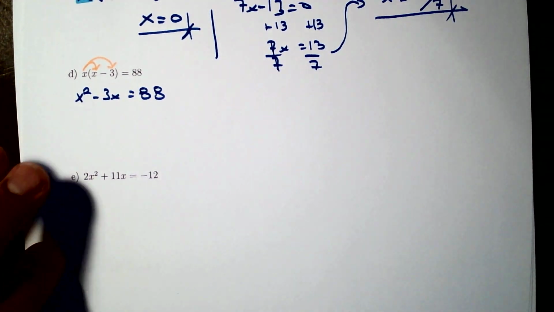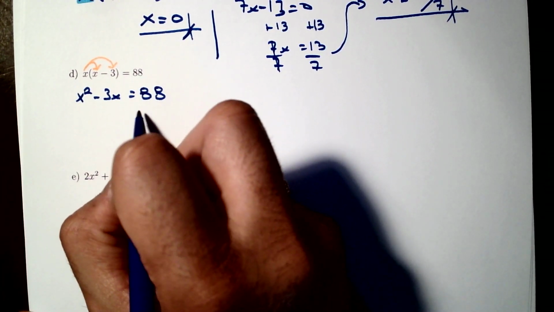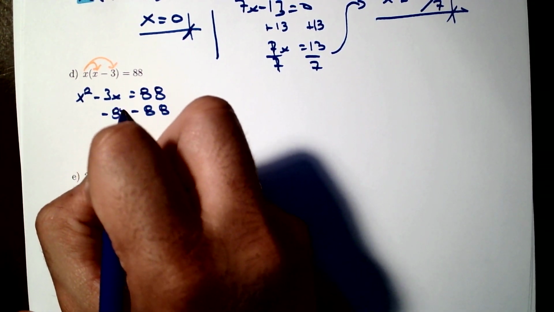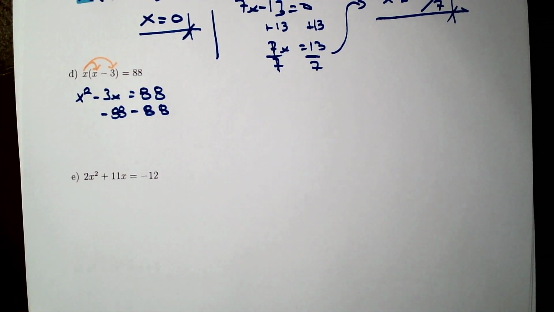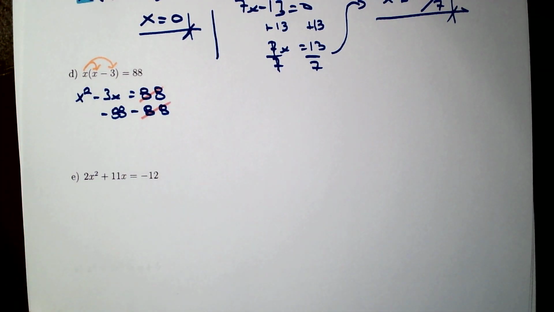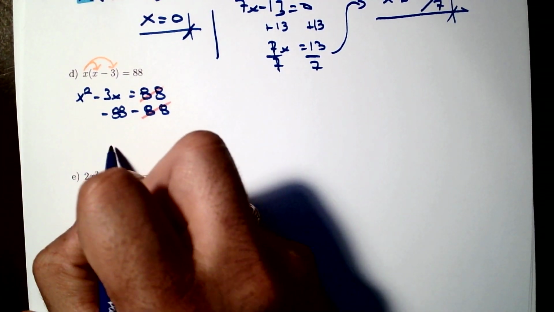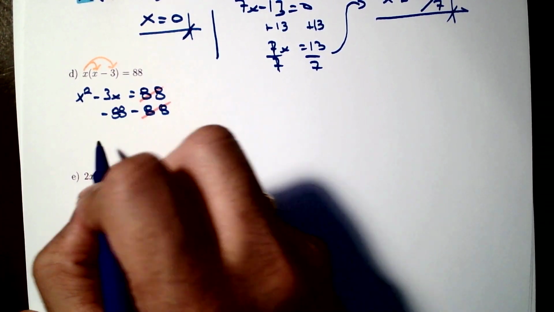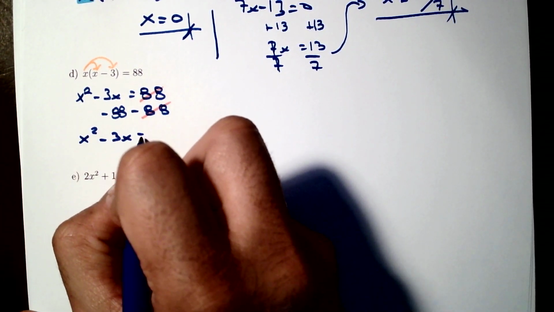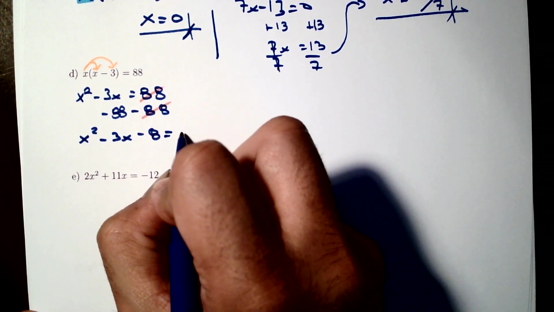And then I'm going to move this 88 to the left hand side of the equation by subtracting it on both sides. These cancel on the right hand side, and on the left hand side I'm going to get the following polynomial: x squared minus 3x minus 88 equals 0.